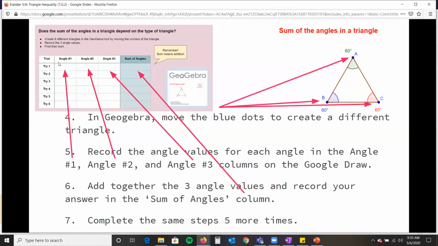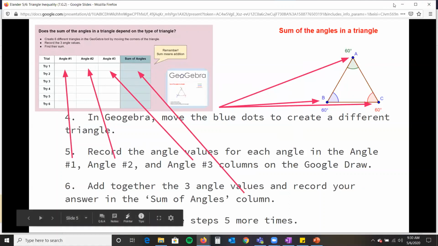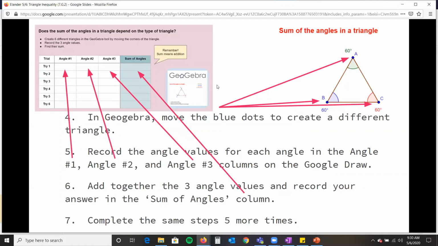Like this triangle, they had 60, 60, 60, so the sum would be 180. When you changed these on GeoGebra and recorded your results, what did you get for the sums? Was there something the same, different? What do you think? There's no penalty. What did you guys notice? Did you notice anything?